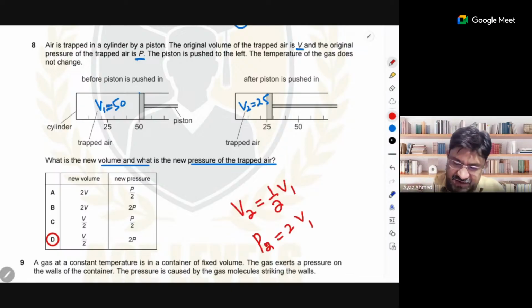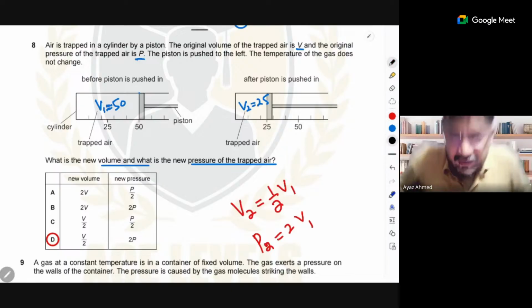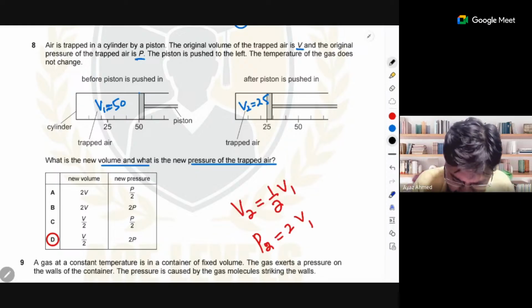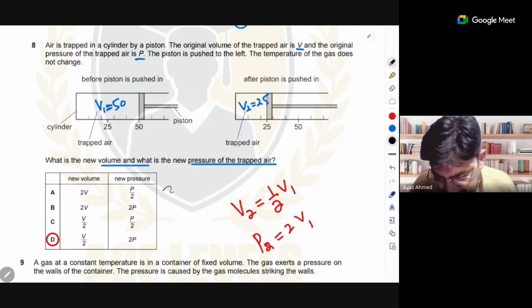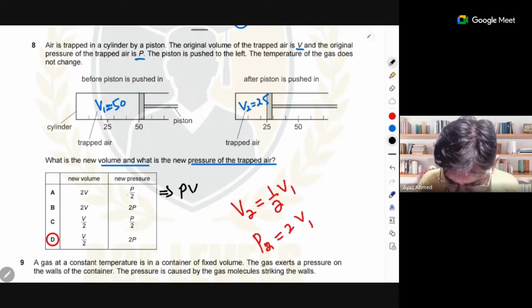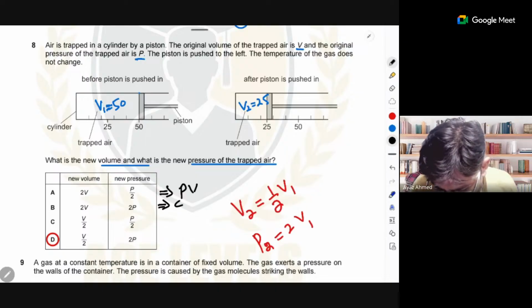Okay, there is a trick for this question. Everyone clear now? The trick is just to multiply both the columns, and your answer should be equal to PV. So 2P into V, what will be the right answer? PV. What will be the right answer here? 4P.